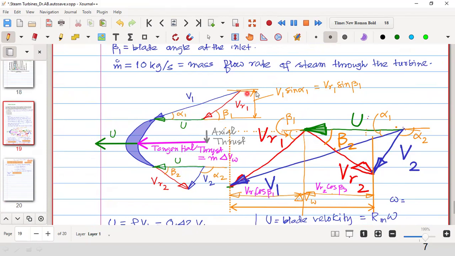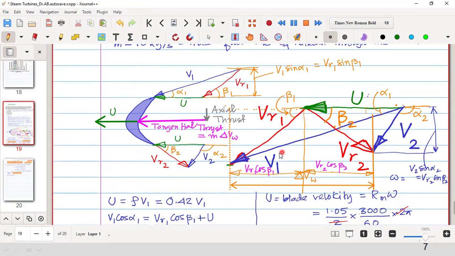That is, either it is V1 sine alpha 1 or VR1 sine beta 1, and for this it is V2 sine alpha 2 equal to VR2 sine beta 2. Therefore, in the axial direction, it is coming in with VR1 sine beta 1 and leaving with VR2 sine beta 2.